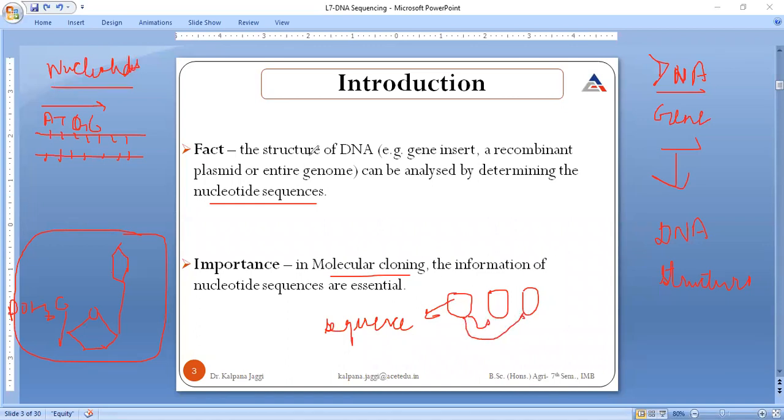So when we talk about the importance of DNA sequencing, it is required for molecular cloning, because only if we have knowledge of the sequence present in a particular molecule is it possible to multiply its number, right? So this is a bit of introduction.